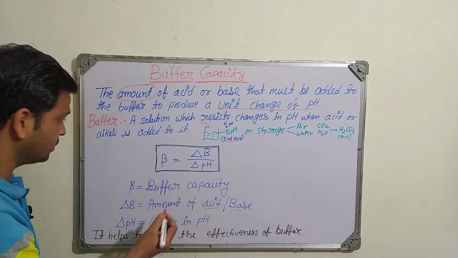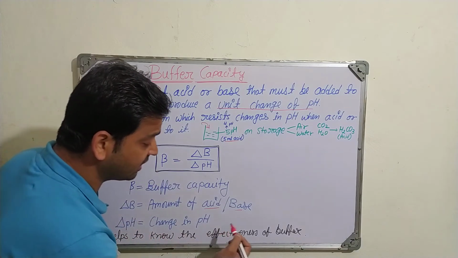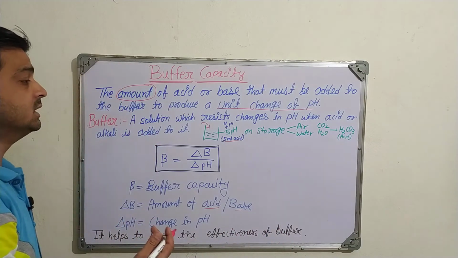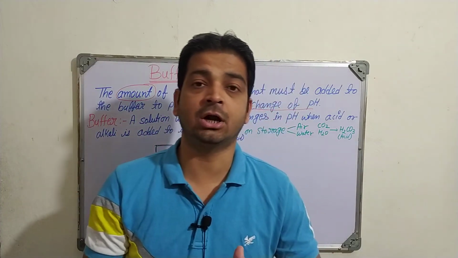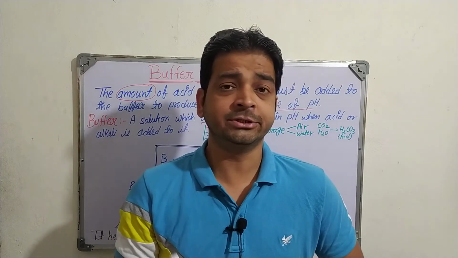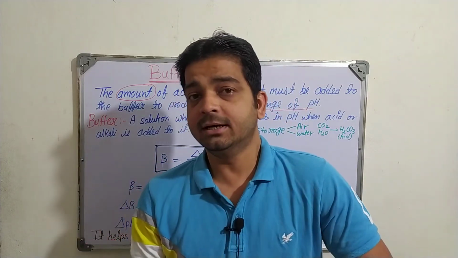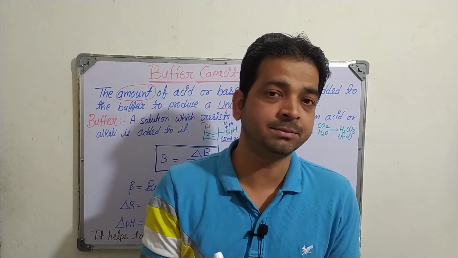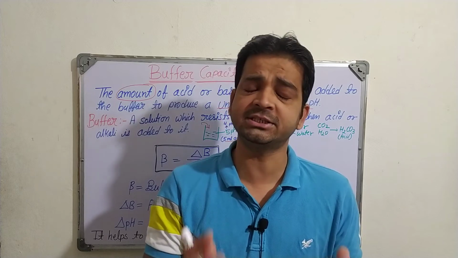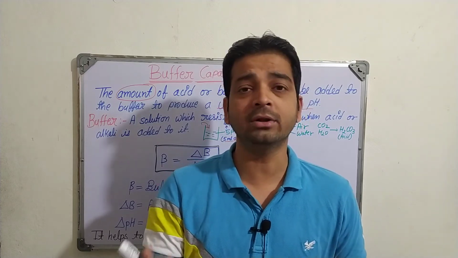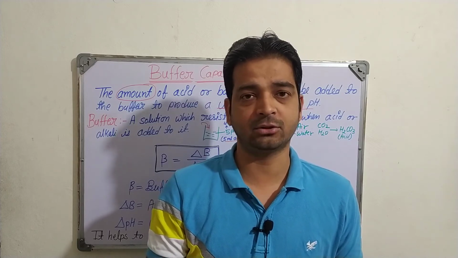So this tool helps us know the effectiveness of the buffer, meaning how much it can tolerate without the produced acid or base changing the formulation's pH. That is what is called buffer capacity. Each and every buffer has its own capacity; it is a tolerability. Thank you.